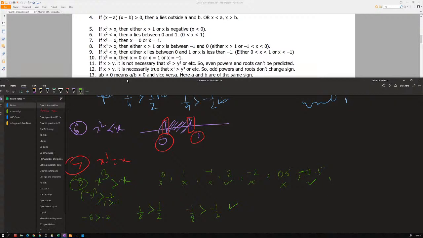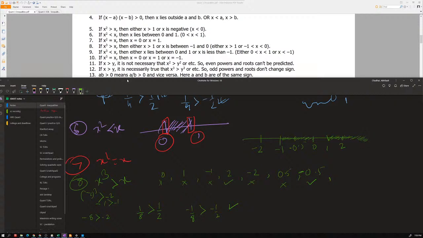Let's take the last one. Basically we can make a number line here. Minus 2 doesn't satisfy, minus 1 doesn't satisfy, minus 0.5 satisfies, 0 doesn't satisfy. So this range, between minus 1 and 0, is satisfying, and 1 doesn't satisfy. 2 satisfies, and even 1.5 would satisfy. So greater than 1, this is the range.